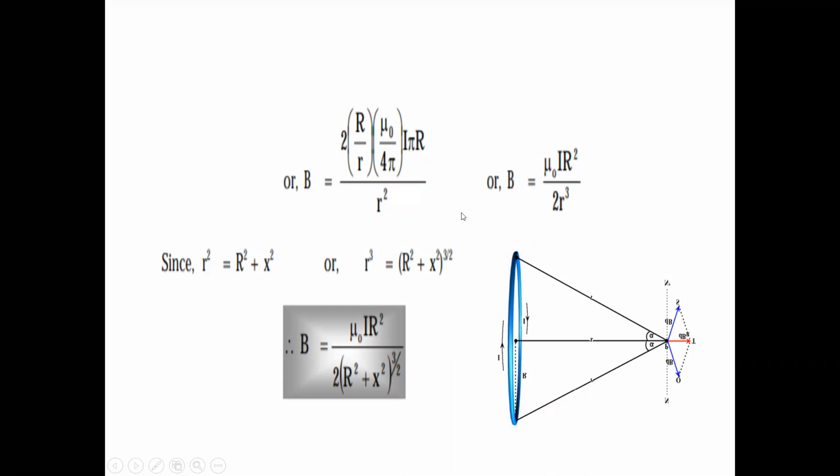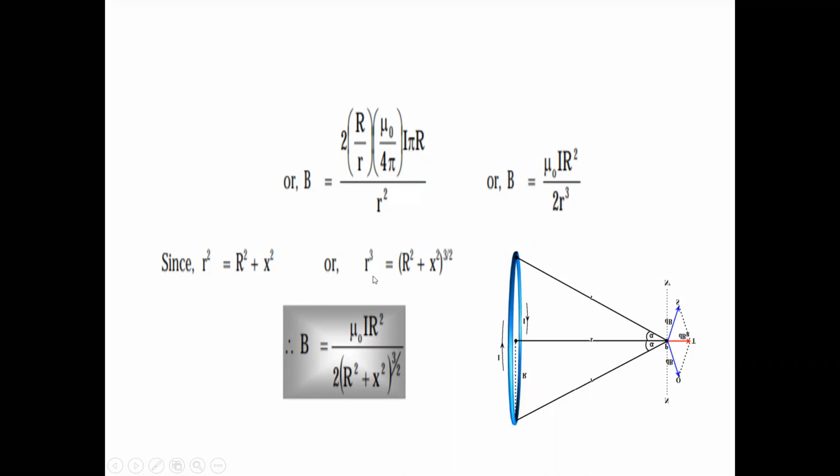Still we have to change this formula in terms of the variables capital R and x. From the figure, it is clear that this is small r, this is small x, and this is capital R. It is a right angle triangle, so hypotenuse square is equal to side square plus side square. So small r square is equal to capital R square plus x square.